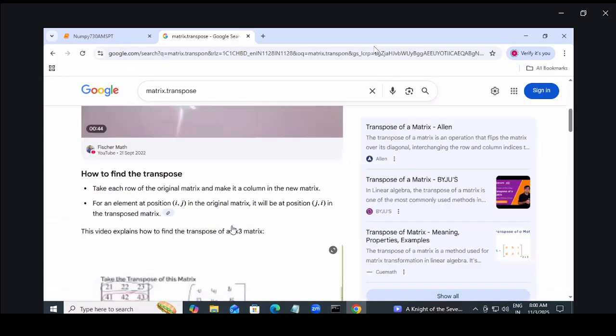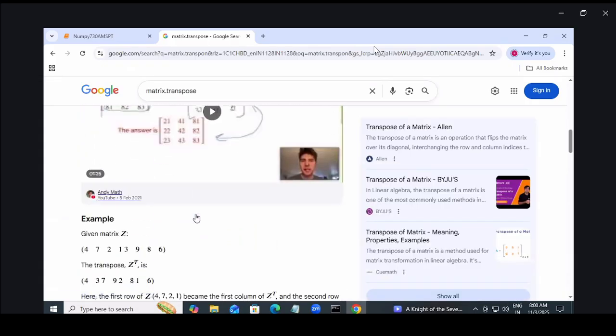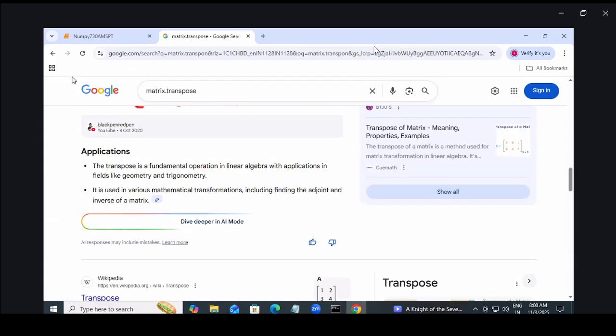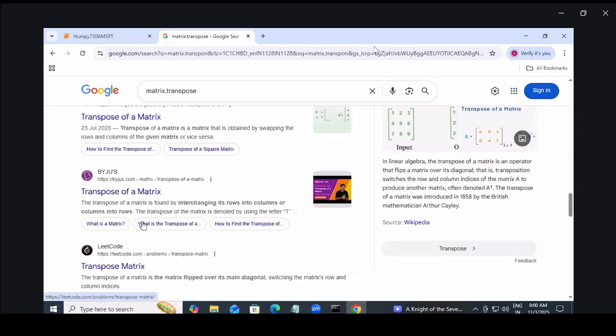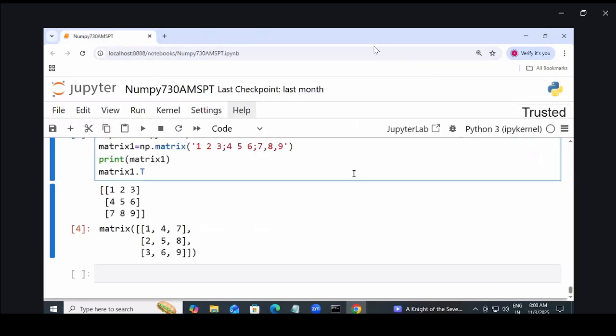Now this can be done by using a function. See, this is how it is done. For transpose you can use an attribute. What is the name of the attribute?